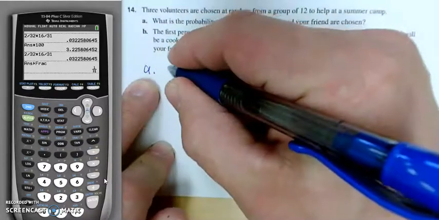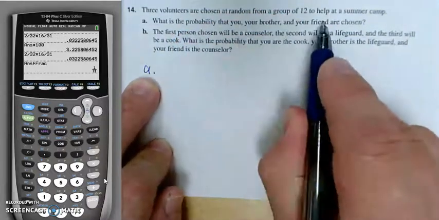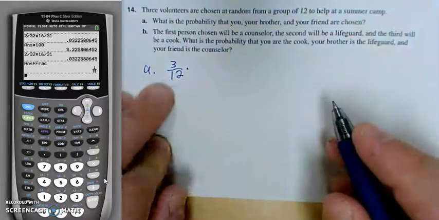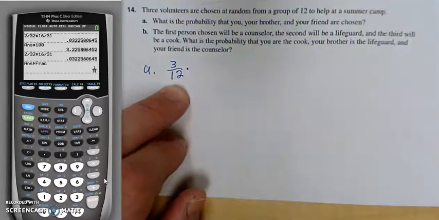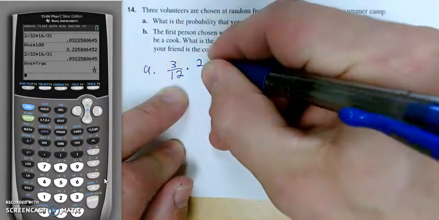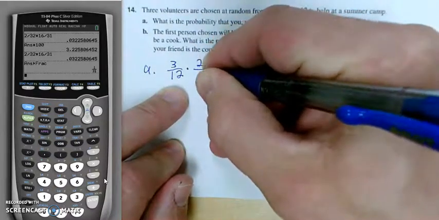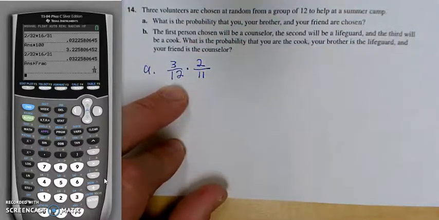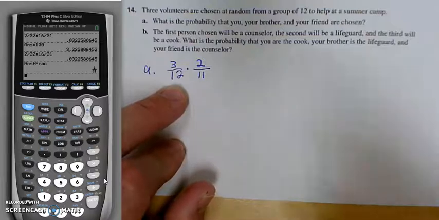For the first event to happen, there would be 3 favorable outcomes out of the 12. Multiply that with, now, assuming that one of the 3 of you got picked, you're going to have now only 2 favorable outcomes out of 11 remaining people, because one of you did get picked, so there's 1 less favorable outcome out of only 11 people now.